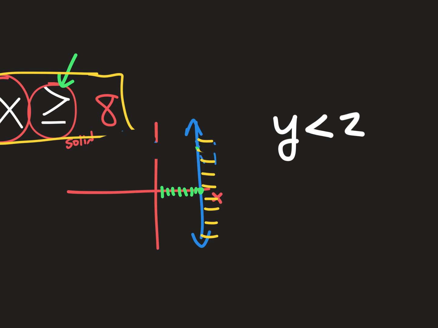Put a dot where y equals 2. Here's where y equals 2, right there. Putting a big dot there.